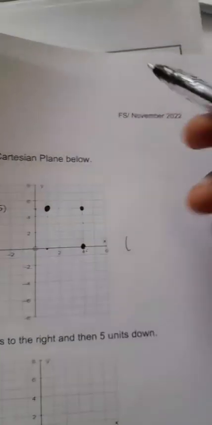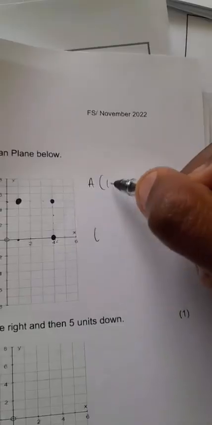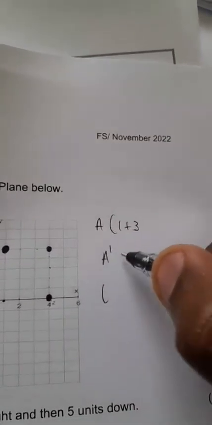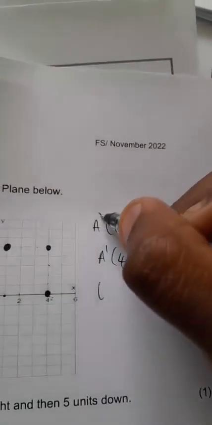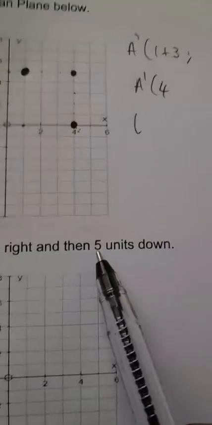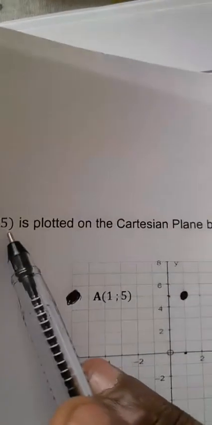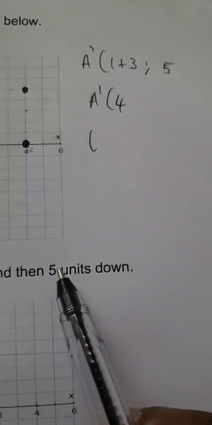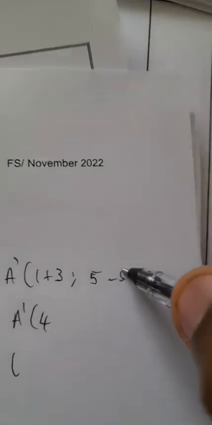So let's be practical. A(1,5) plus 3, 3 units to the right. What does the image give us? We get 4. And then y, 5 units down. We had 5. Now it says 5 units down, it means we subtract 5.